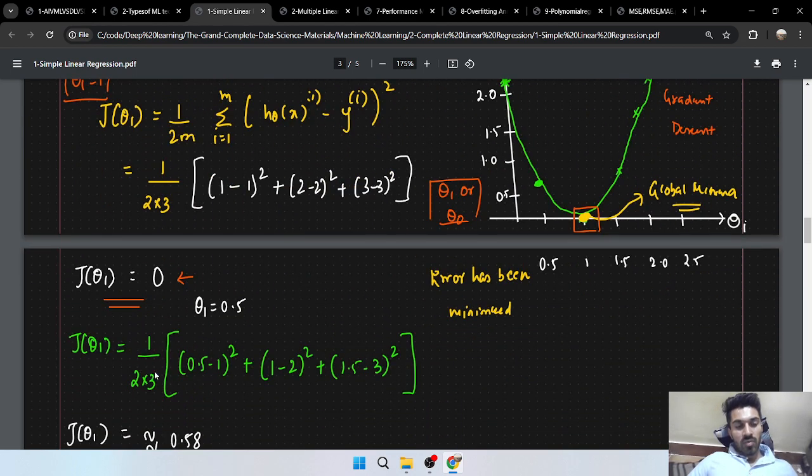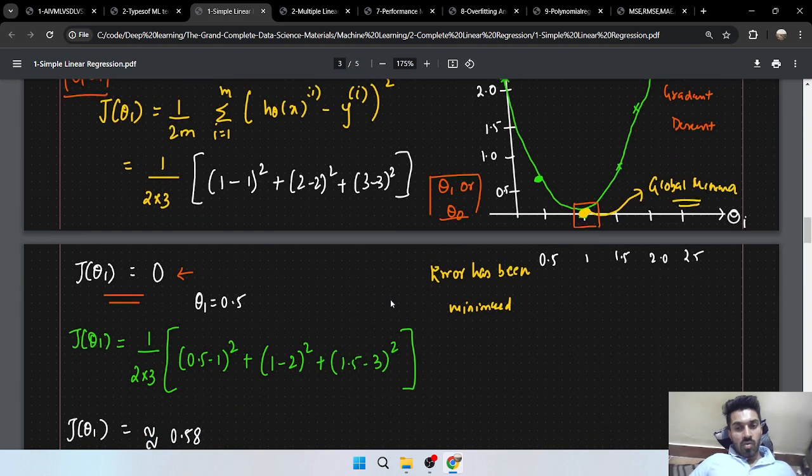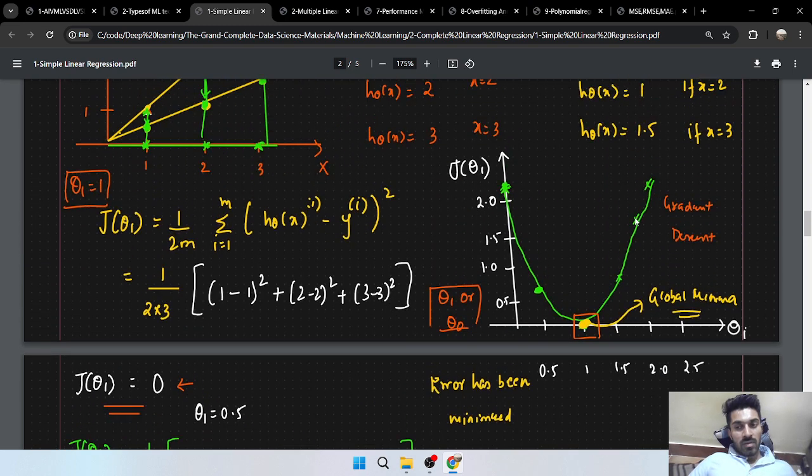Suppose you have taken m equal to 3, where m is the slope, and you will get this error. But you have to find the minimum.